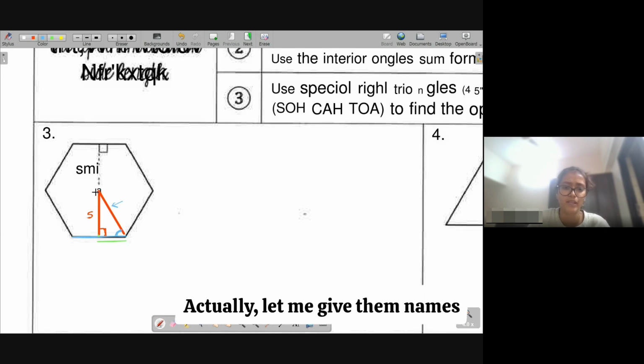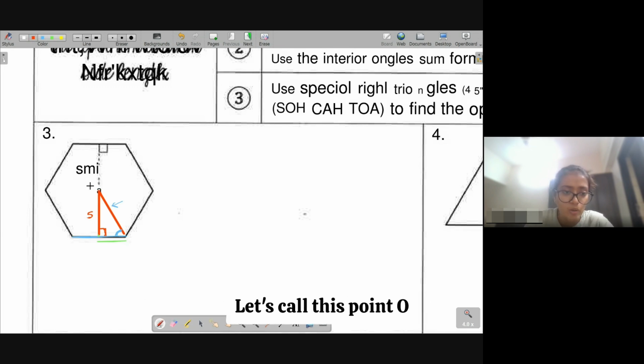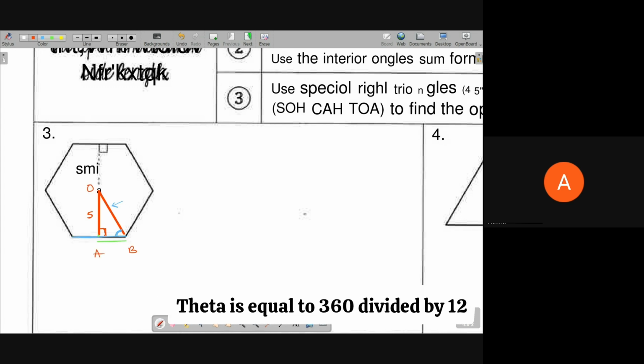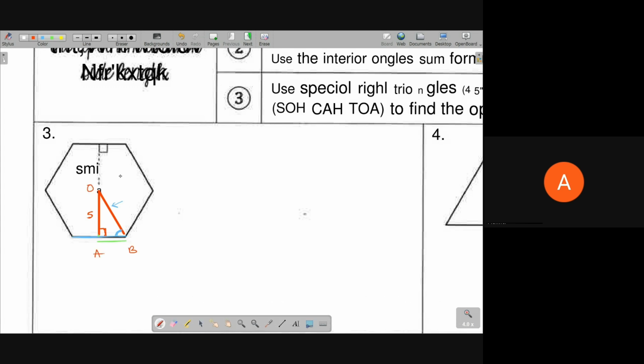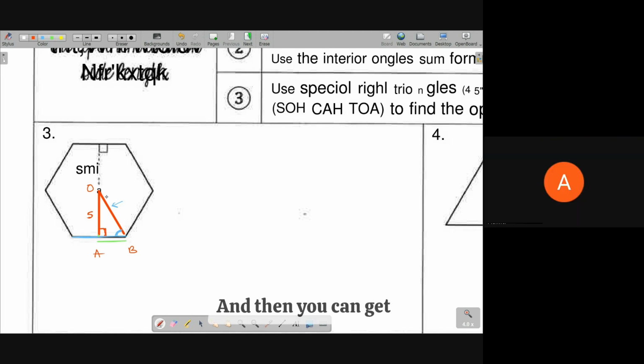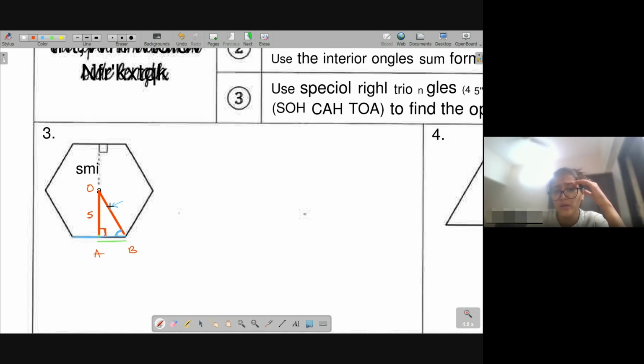Actually, let me give them names. Let's call this point O. Well, we can do theta is equal to 360 divided by 12, and then you can get theta is equal to 30. Why are you dividing it by 12?